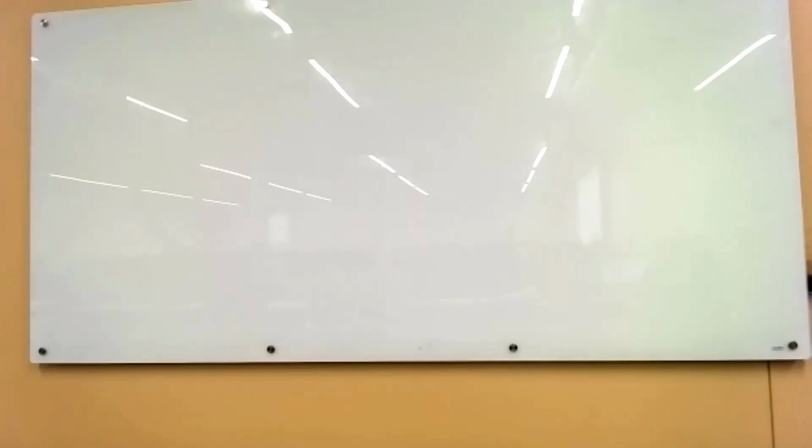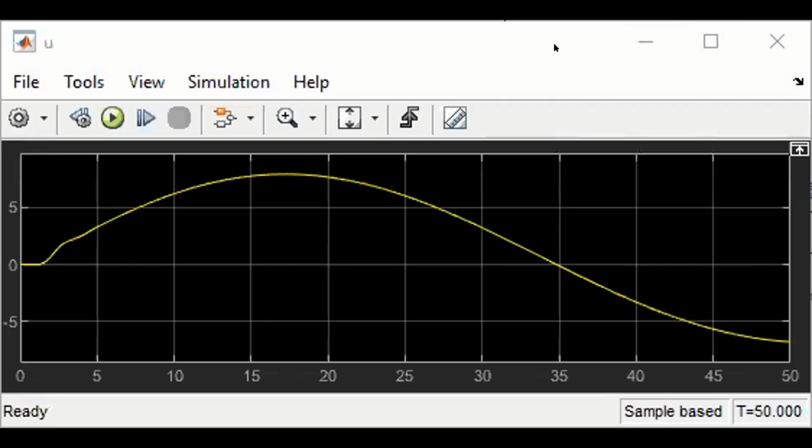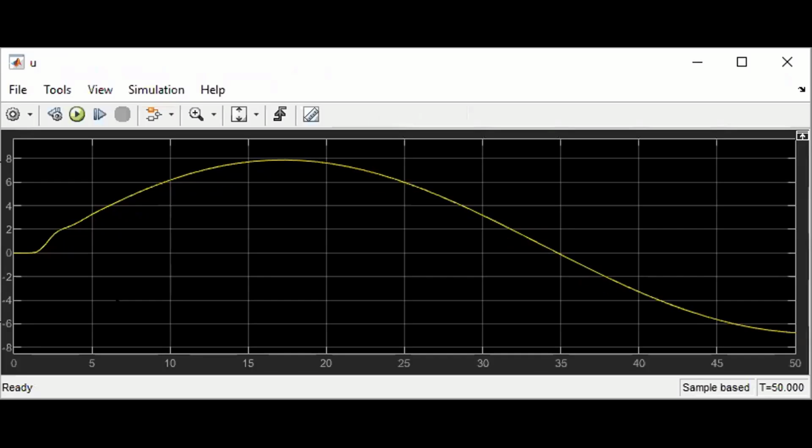And in the U mode, we don't really see much short period mode, but we see the low frequency Phugoid mode. So this is key. It looks like the short period mode occurs in alpha and theta, but not U.